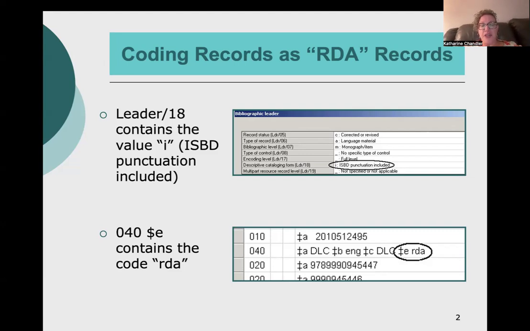Also, a lot of the time you're going to have to fill out the subfield B in your 040 unless your template is filled in somehow. So you may have to type in ENG for English to make sure that the record is saved to ensure that it is a record from an English speaking country.